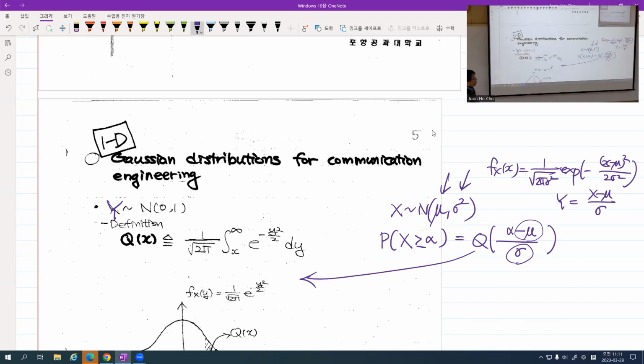In this way, you can always standardize or sometimes normalize a non-zero mean, non-unit variance Gaussian to a standard normal. By the way, this method or a modified version is still used when you take the qualifying exam in our department.